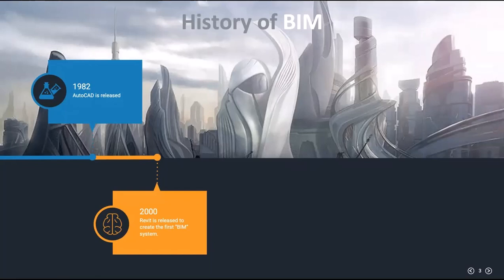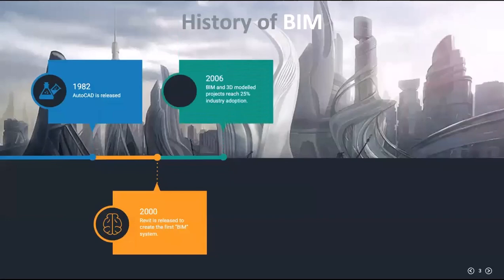Imagine, in 2000 we had this BIM tool. Of course, it was adopted first in the architecture industry, but it was there. Since then 22 years have passed, and still we are in the adoption phase in many sectors.